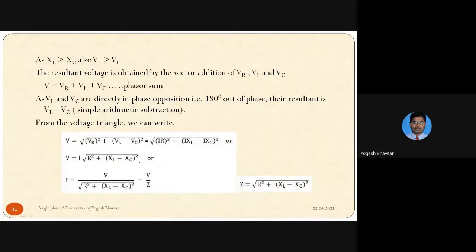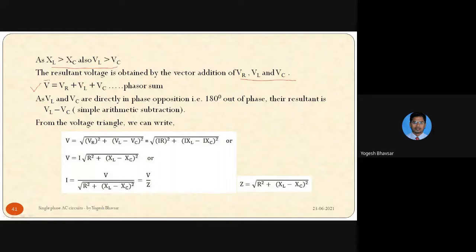Now we have these equations, resultant voltage and the currents. As XL is greater than XC, VL is also greater than VC, as I told you. The resultant voltage is obtained by taking the vector addition of VR, VL and VC. Not the arithmetic sum, it will be a phasor sum.